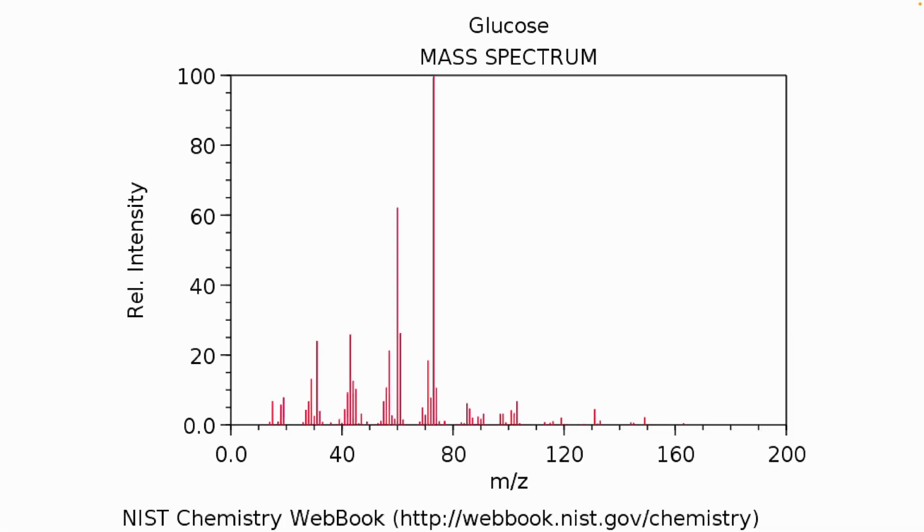Okay. Well, here is a mass spectrometer output for glucose. What's glucose? Sugar. What color is sugar? White. And you put it into a little baggie. And now you have a white powder in a baggie, right?